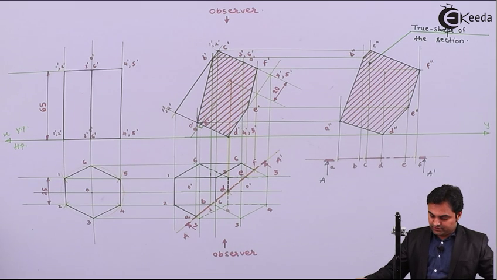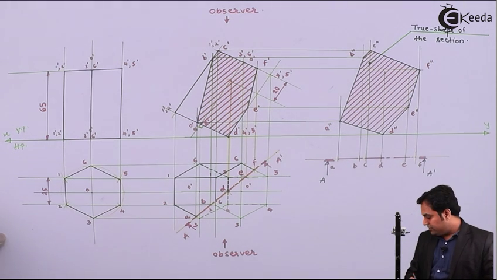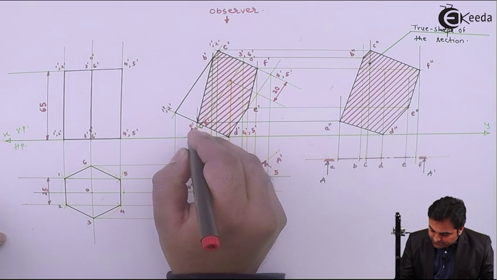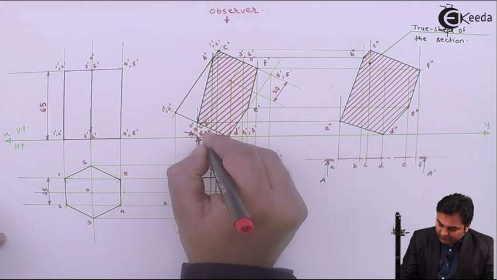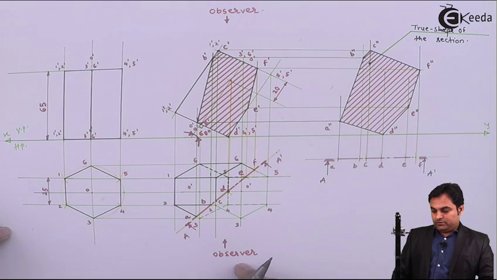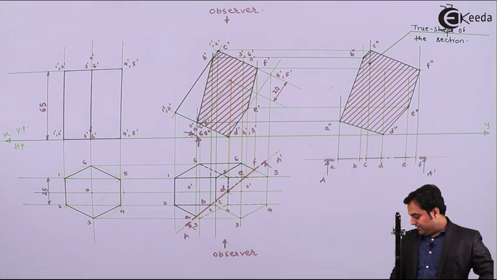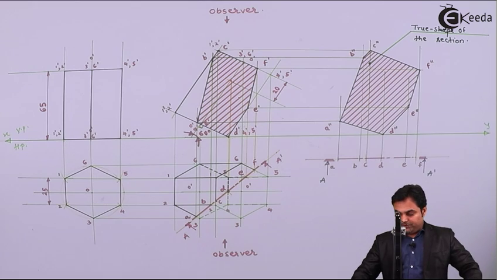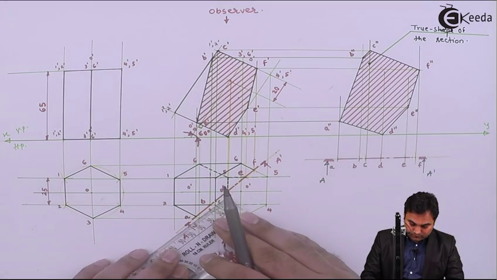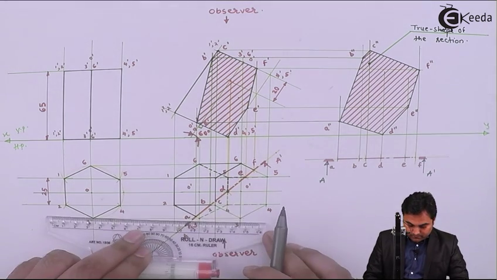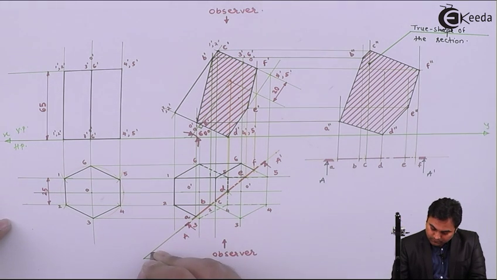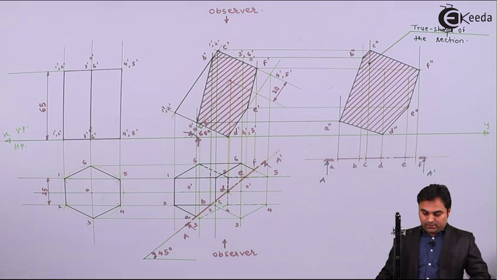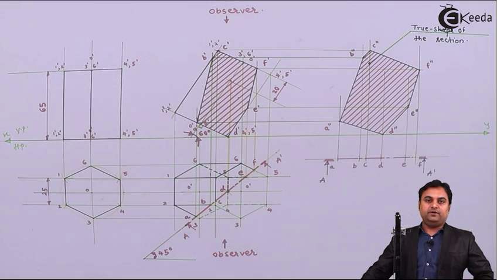Inclination of the axis was given, that was 60 degree with HP. Then cutting plane was inclined at 45 degree to VP. And with this we complete the problem.